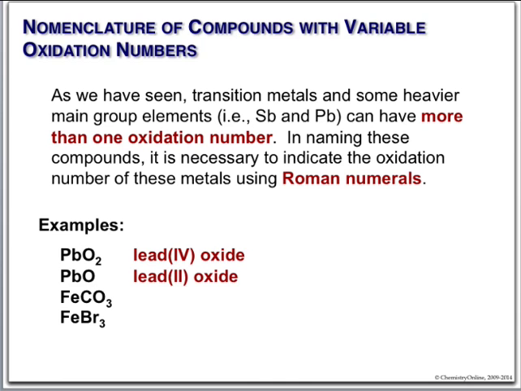CO3 is carbonate, right? -2. If carbonate is -2, iron must be +2. Iron(II) carbonate. And finally, bromine, halogen. Remember, those are the halogens. All halogens are going to be -1.